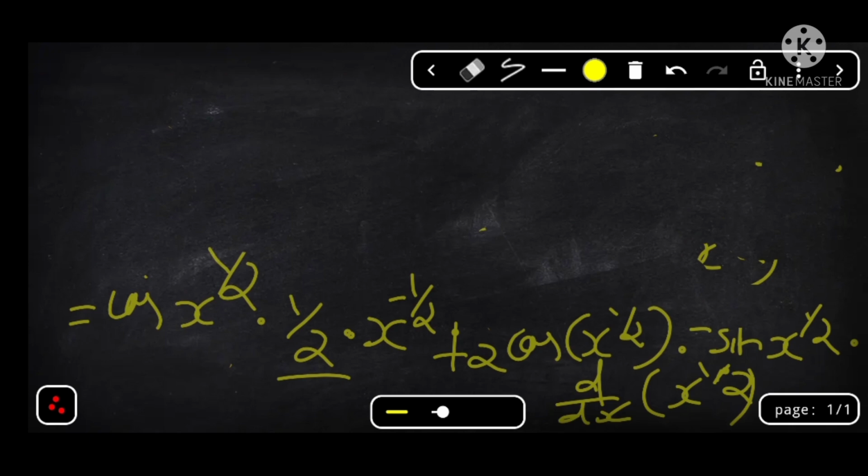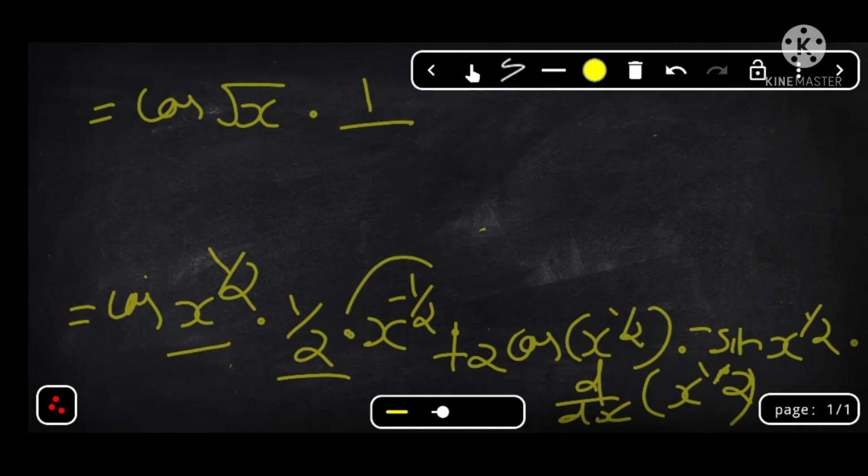So in the next step we'll be getting it as cos, I can write this back as root x, into 1 by, so here x raised to minus 1 by 2 is same as 1 by root x.